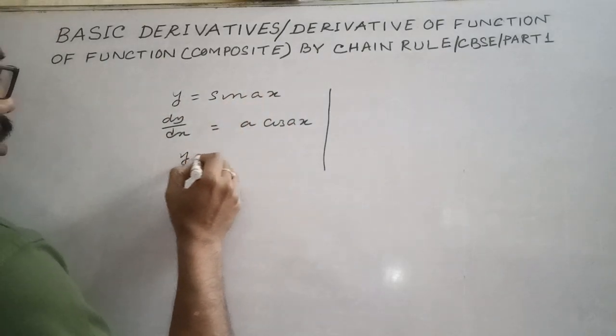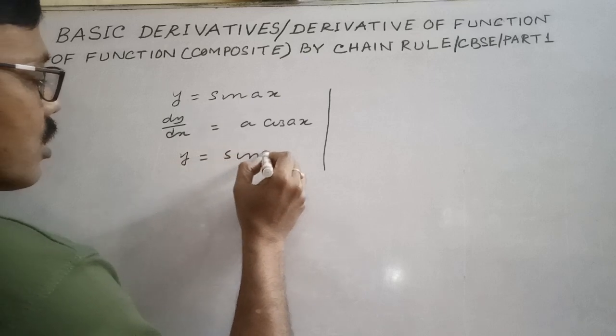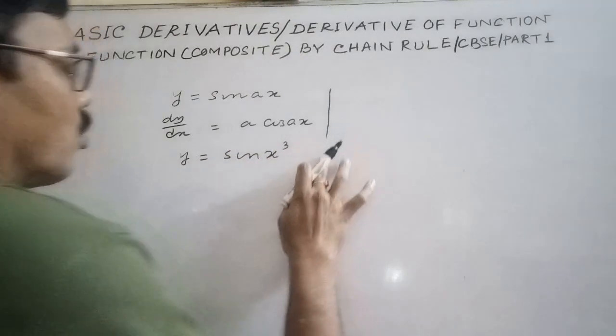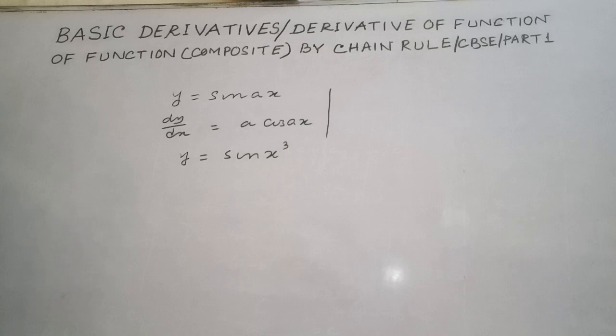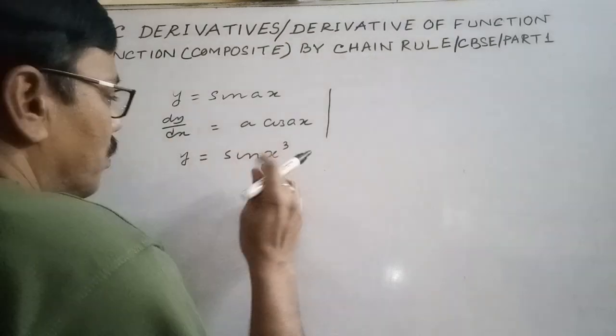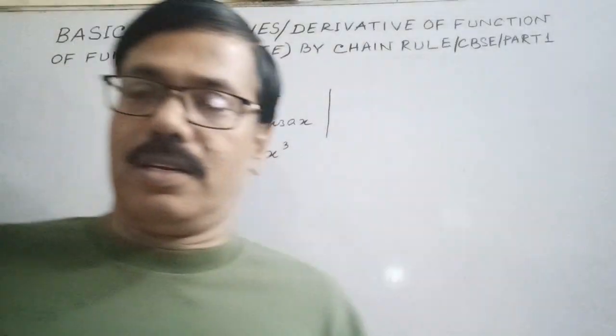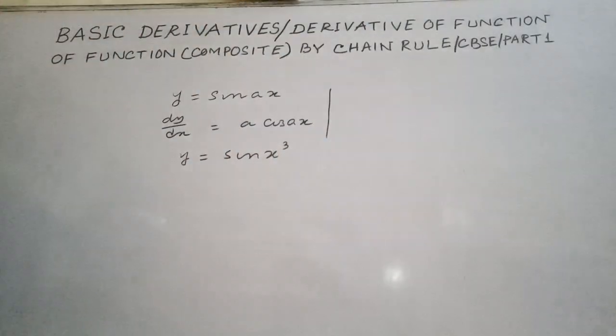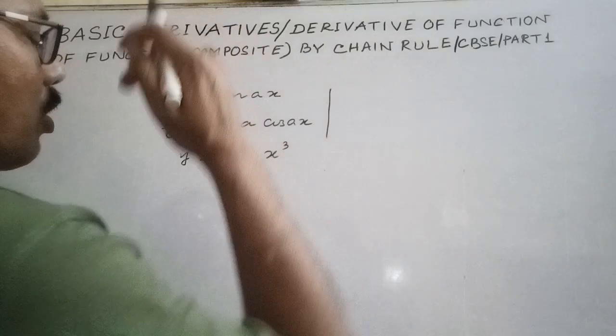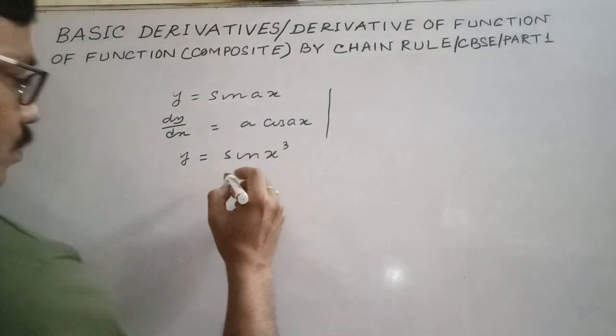But if y equals sine x cube, then this one is not linear. So look, if it is not linear, we can express it in the form of a composite function.